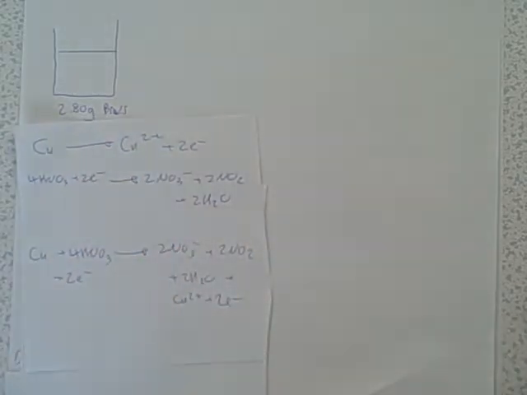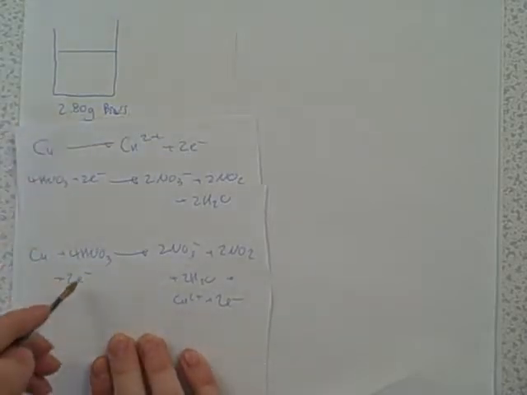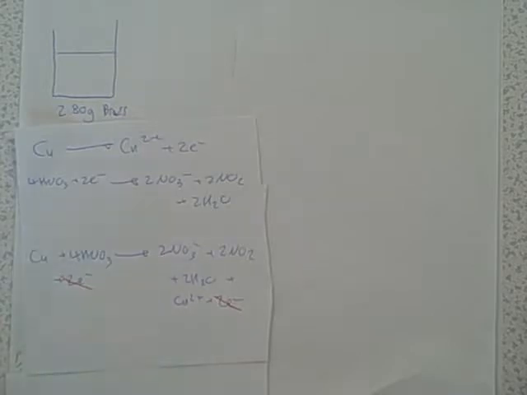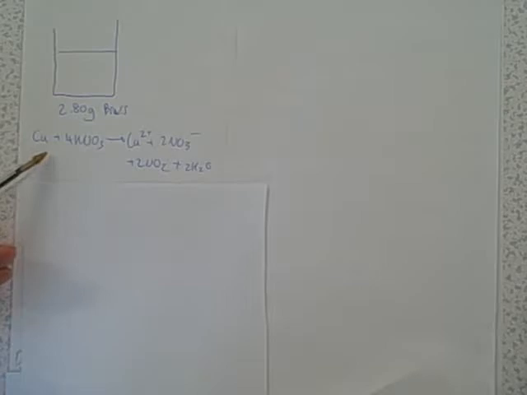We can then cancel. If you've balanced out the electrons, they will always cancel. Double check, sometimes other things will cancel too, usually H pluses and waters, but anything that can cancel will cancel, and that will give you this overall equation.